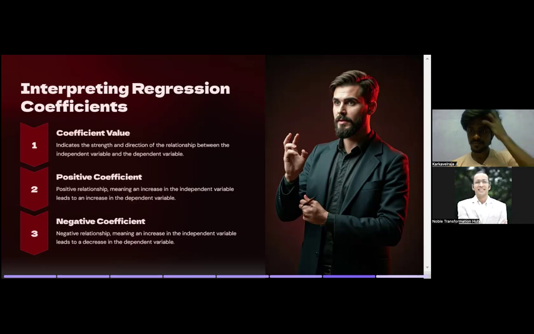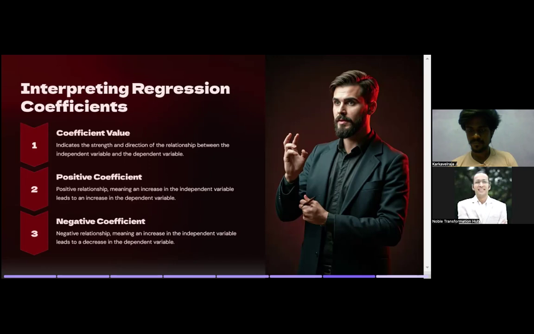What happens in a negative coefficient is that the dependent variable will decrease. That is the difference. That is the only difference to remember between positive coefficient and negative coefficient. Okay.